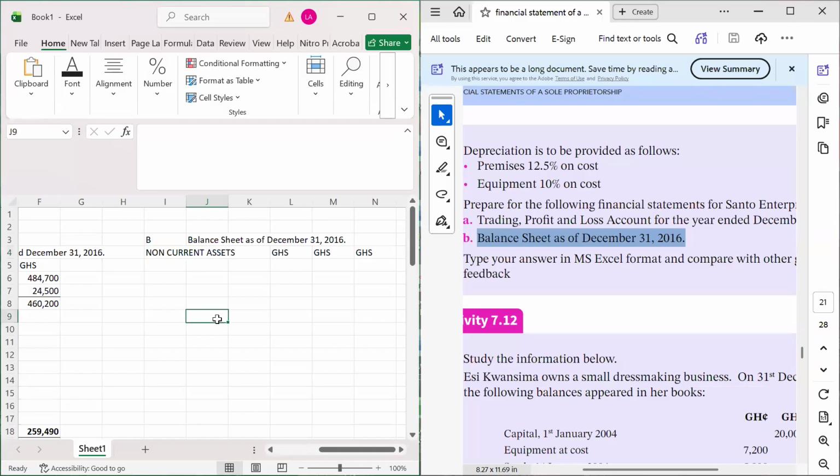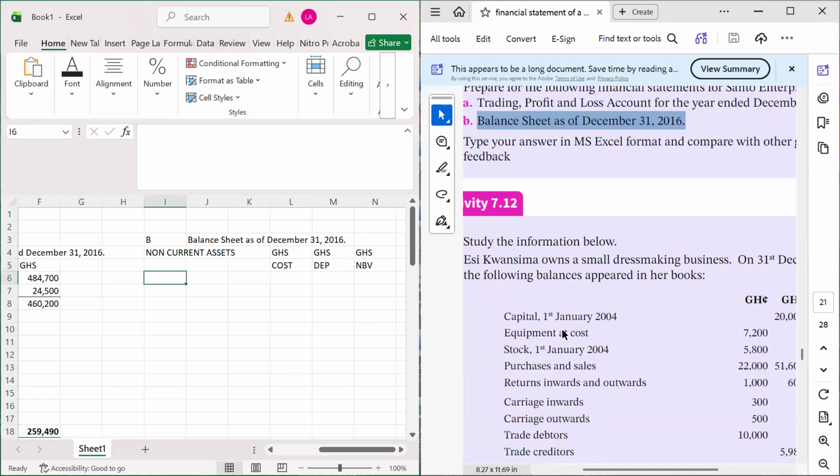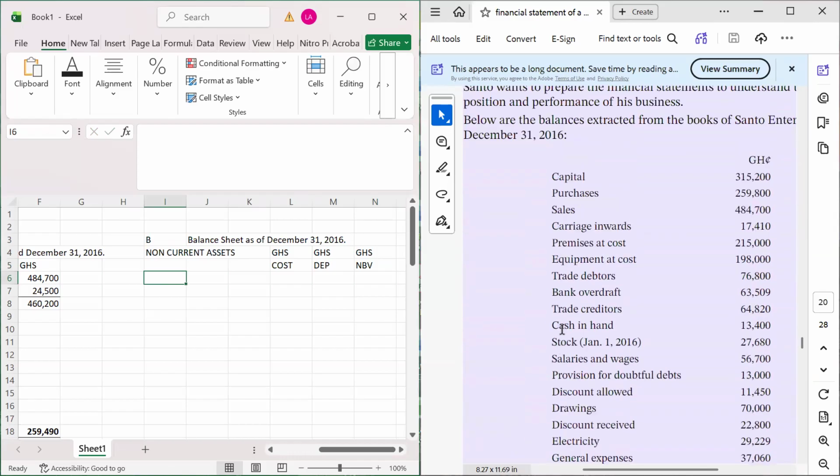Got it? Good. Then this place is the cost of the asset. And this place is the depreciation, or what we call accumulated depreciation. And then this place will be the net value, net book value.